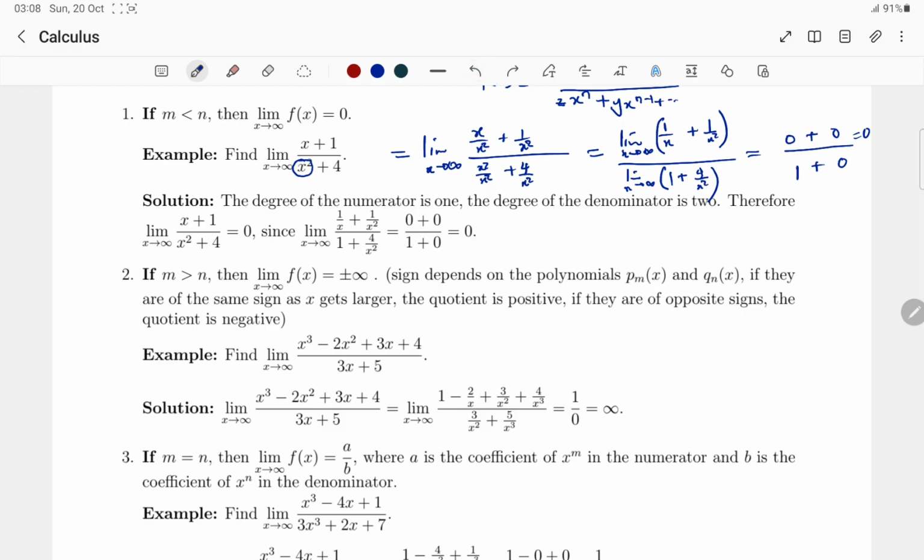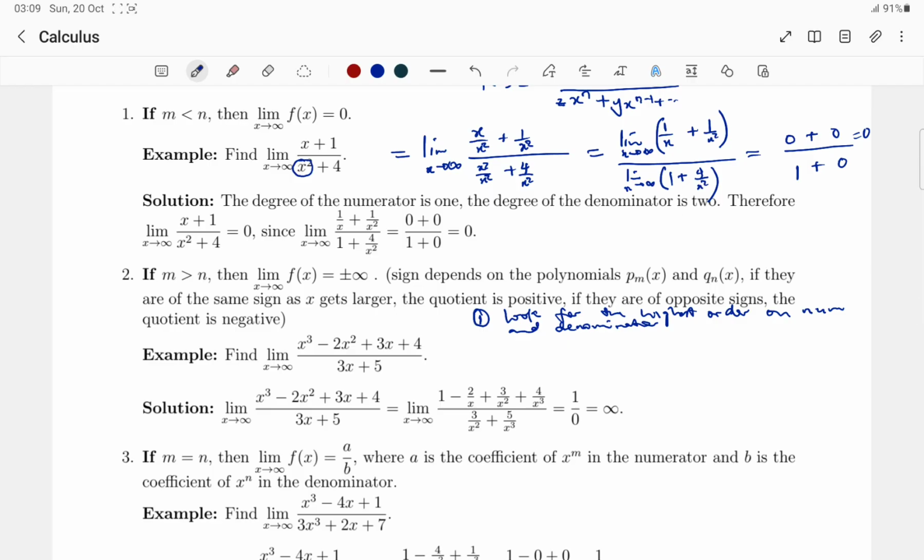The same approach applies. We first look for the highest order on the numerator and the highest order on the denominator.